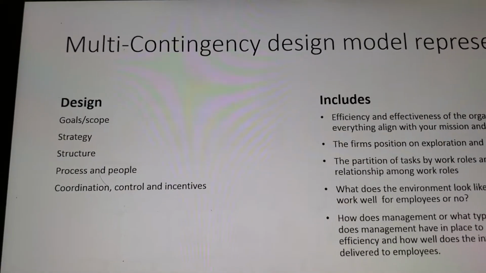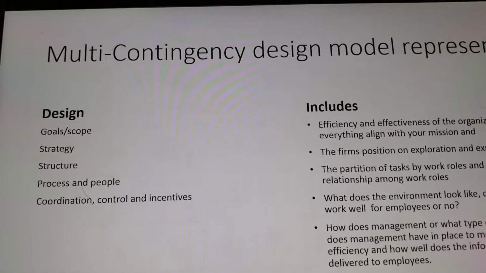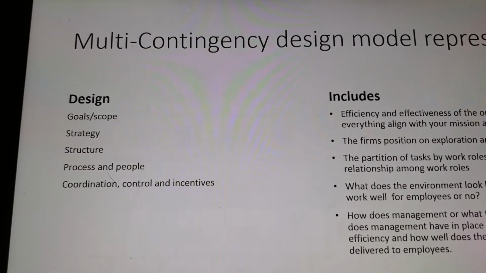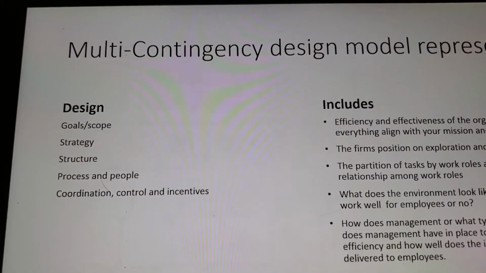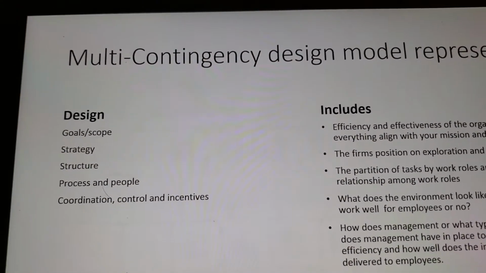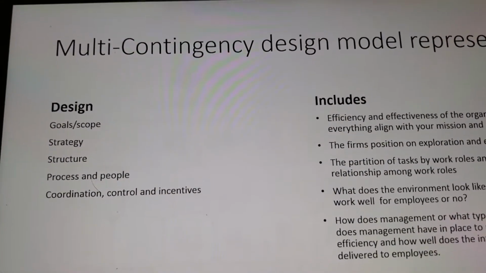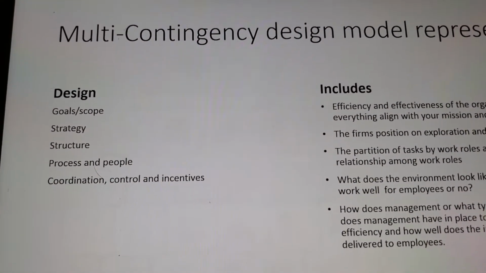The process and the people: what type of environment, how does that look? Does the process work well for the employees, or does it not? Are we including the employees in this decision making? Are we getting ideas from them and getting their feedback?